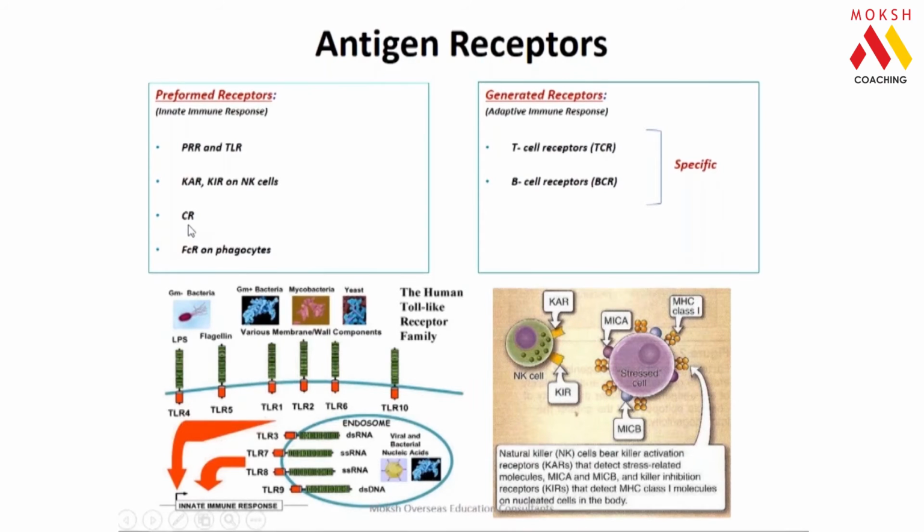Another example would be complement receptors. They're complement receptor 1, complement receptor 2, 3, 4, and they're found on different immune cells, and they also interact with specific things. And also we have the receptor for the Fc portion of an immunoglobulin. All immune cells are going to have a receptor that is specific for either IgG or IgE in the case of basophils and mast cells, and that is going to be important in triggering hypersensitivity reactions in the case of IgE.